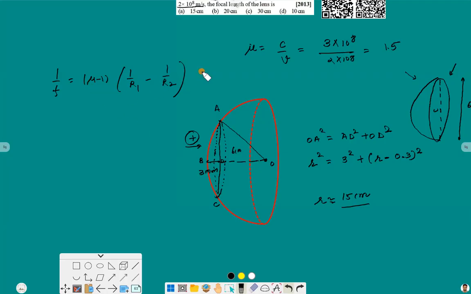So using the lens maker's formula and radius 15 centimeter, I can write 1.5 minus 1 into 1 by 15 minus 1 by infinity. And when we solve this, we will get focal length equal to 30 centimeter. That is option C here. So let us move ahead.